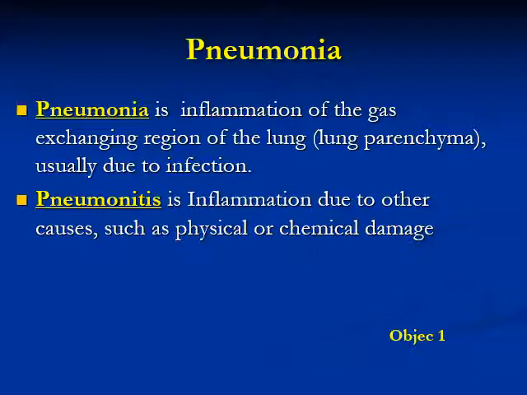Pneumonia, as I mentioned, is inflammation or infection of the gas exchange region of the lung parenchyma, which involves the alveoli. Pneumonitis is different. Pneumonia is infection of the lung parenchyma by microorganisms, bacteria or viruses, but pneumonitis is inflammation of the lung due to causes other than infection, either physical or chemical damage, like chemical pneumonitis and radiation pneumonitis.